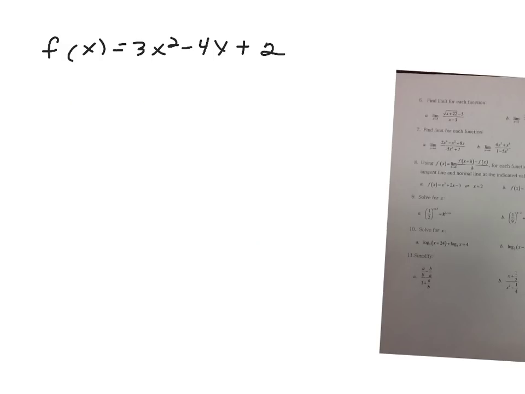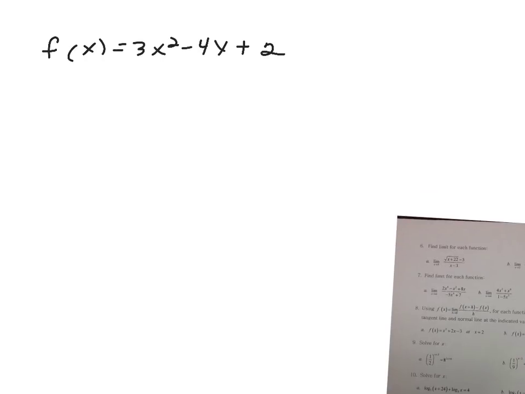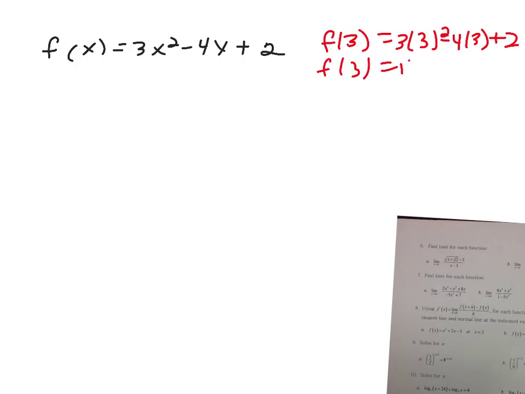Okay, so I'm going to start off by first finding f of 3 here. So that's 3 times 3 squared minus 4 times 3 plus 2. So f of 3, I got 17. So I have (3, 17) here.